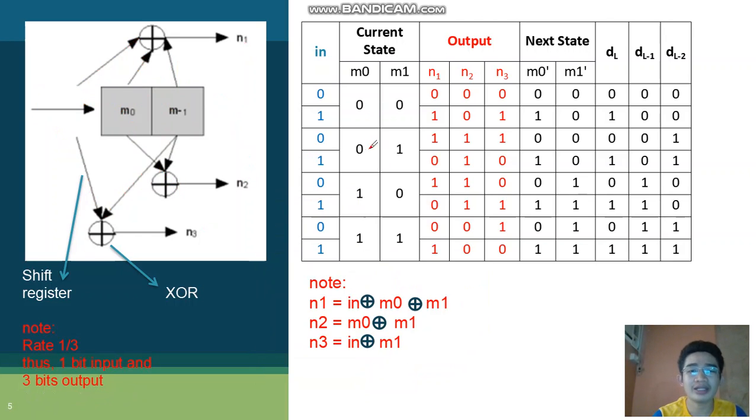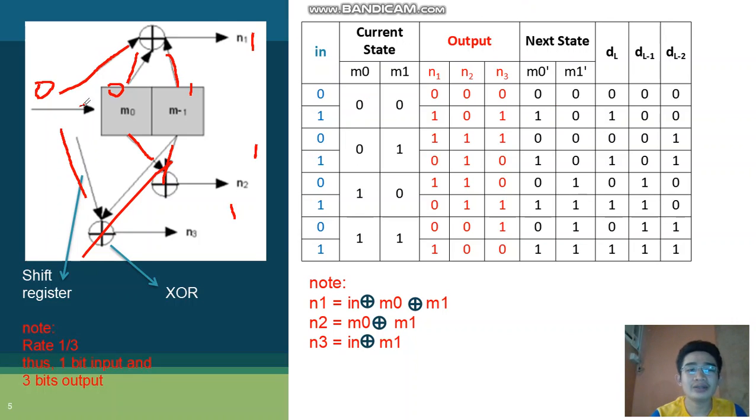This input is 0 and the current state is 0 and 1. Therefore, 0 XOR 0 XOR 1 is equal to 1, 0 XOR 1 is equal to 1, and 0 XOR 1 is equal to 1. Therefore, the outputs are 1, 1, 1.